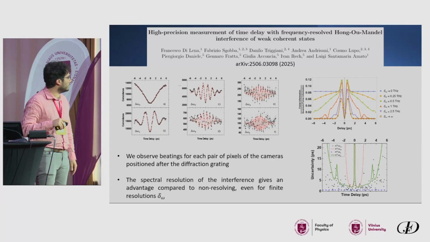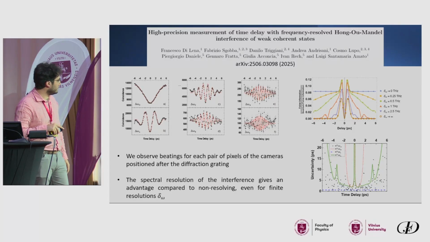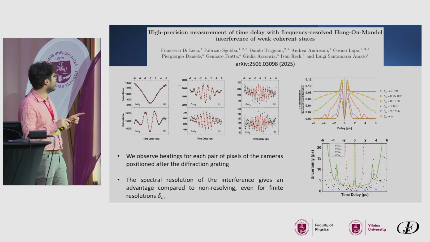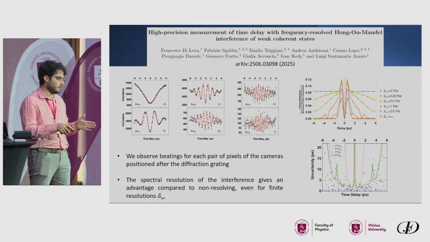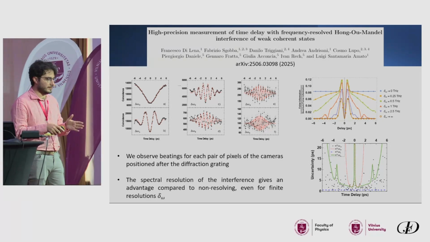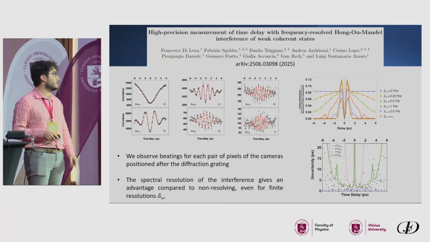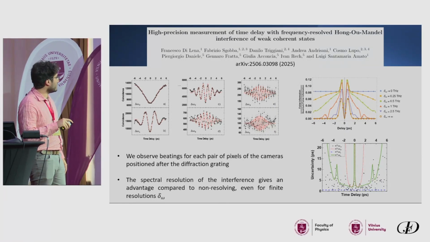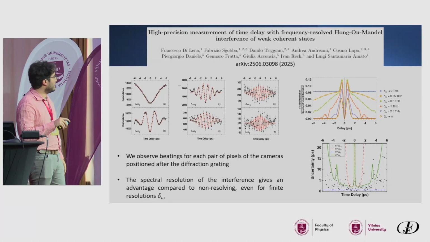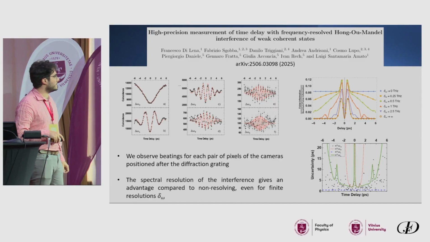In particular, here we are plotting the number of coincidences while scanning the time delay, and all these figures represent different pairs of pixels. So this is for same pixel, pixel of distance 1, pixel of distance 2. So we are increasing the distance between the pixels, which means we are increasing the difference between the frequencies that have been resolved. And the new part of the theory is that these oscillations are a bit damped, and this is an effect we show of the finite resolution of the frequency of the detector.